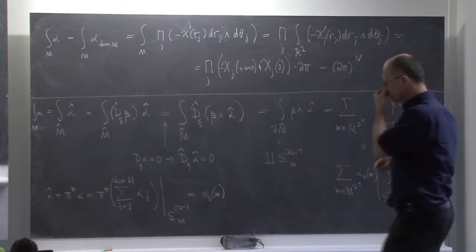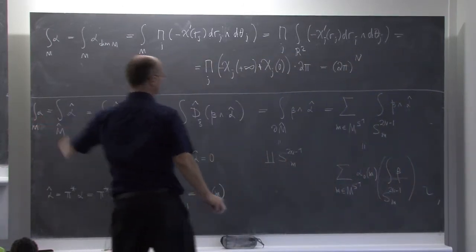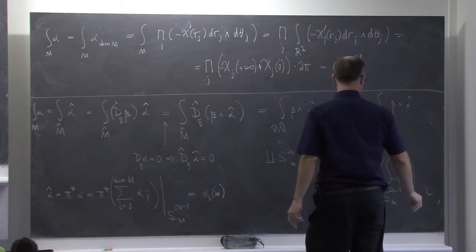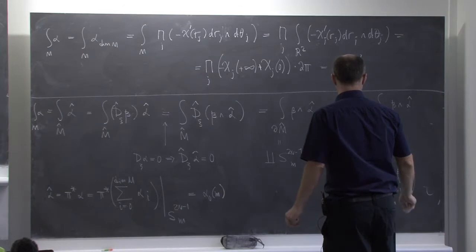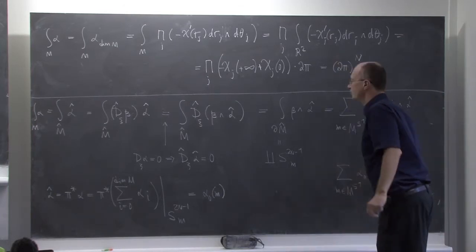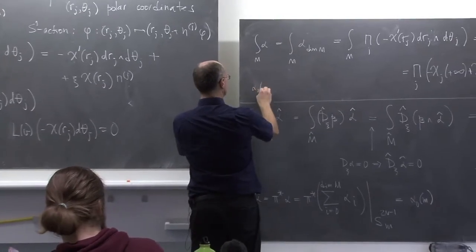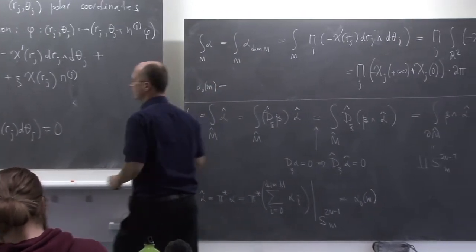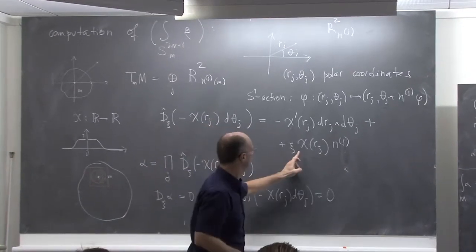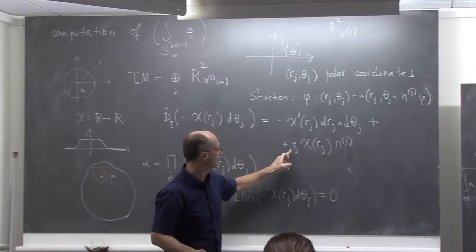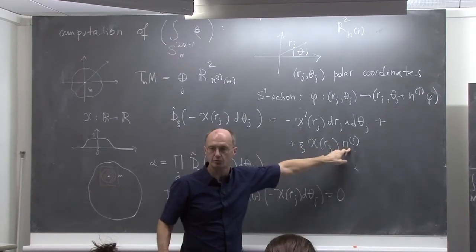So in this case, we know the left-hand side. The left-hand side is simply 2 pi to the n. Now we need to know what is alpha_0 of m. For that, we just need to take a product of the degree 0 parts.